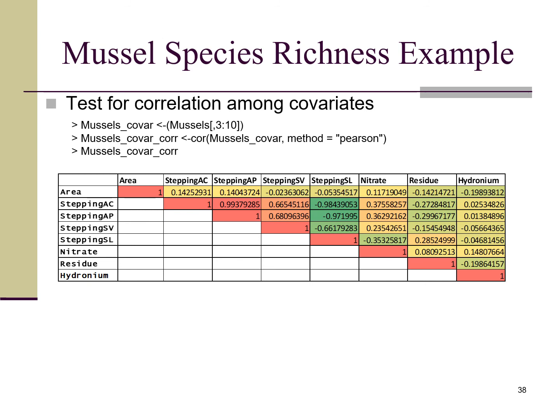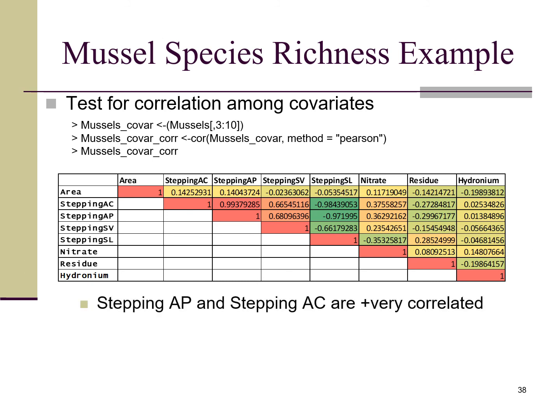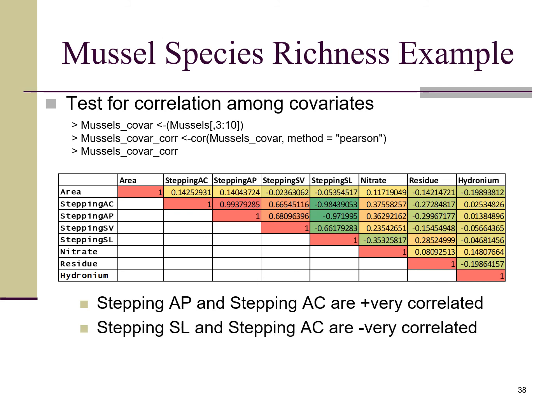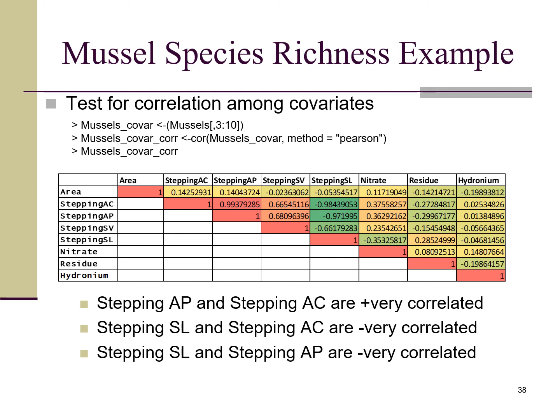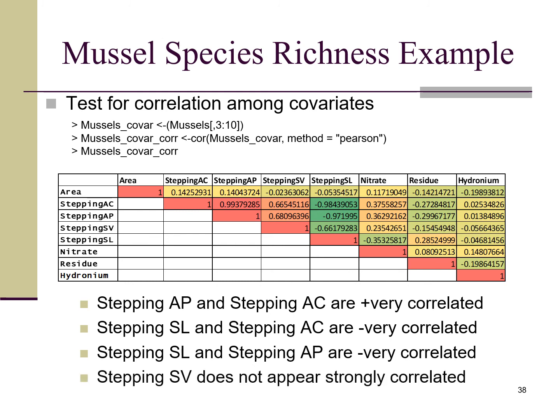organic material and the dissolved materials and hydronium, those don't seem to be very well correlated either with each other or the other earlier variables. So stepping AP and stepping AC are highly correlated. Stepping SL and stepping AC have a high magnitude correlation, but it's a negative correlation. Stepping SL and stepping AP are negative and highly correlated, and stepping SV does not appear to be strongly correlated.